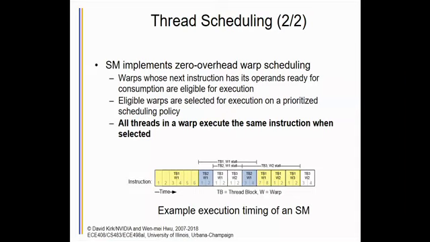And GPUs don't do that. What GPUs do is they pick an instruction from other warps and execute another warp while putting all the threads in this current warp to rest. Okay, so that's really the fundamental difference between most of the GPU hardware and the CPU hardware today.